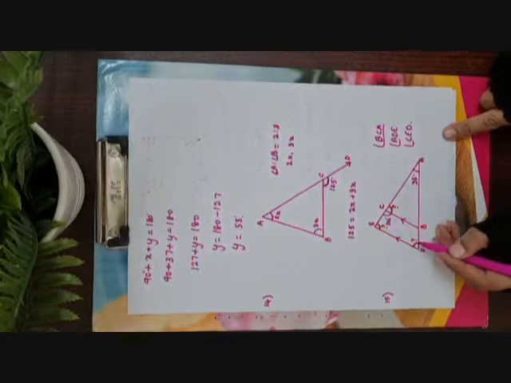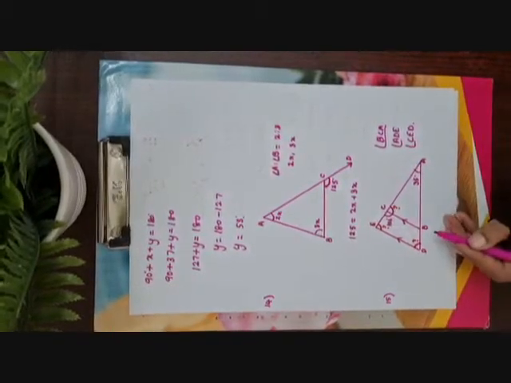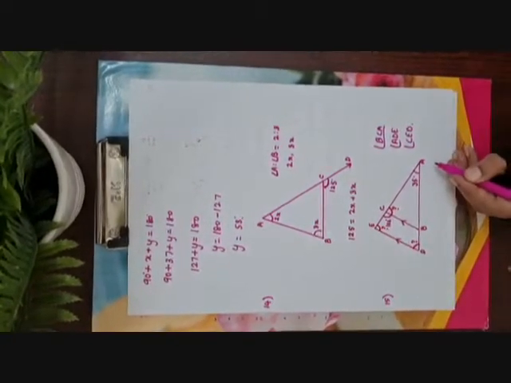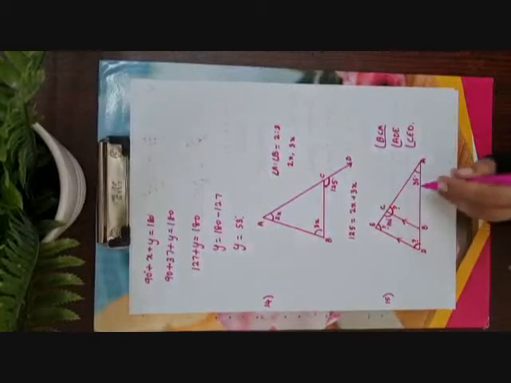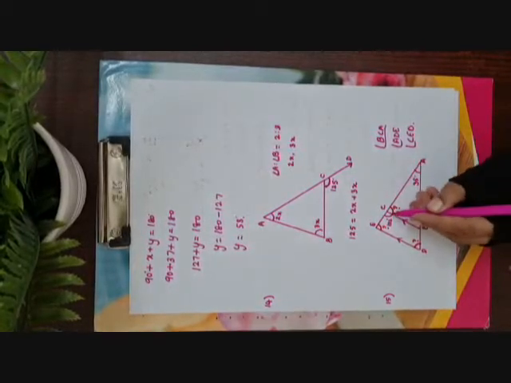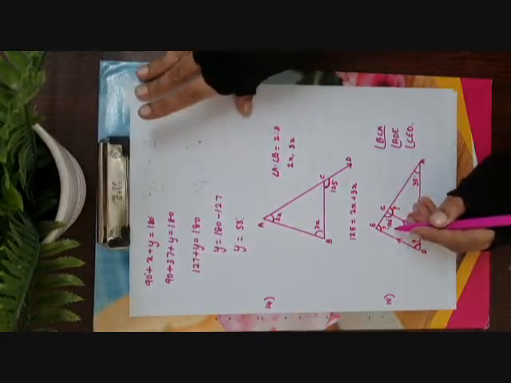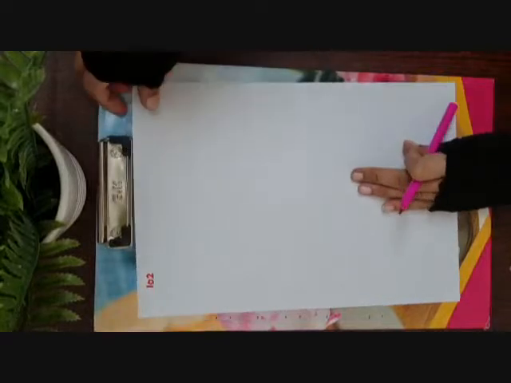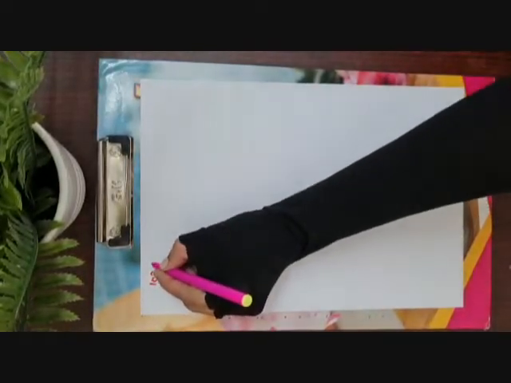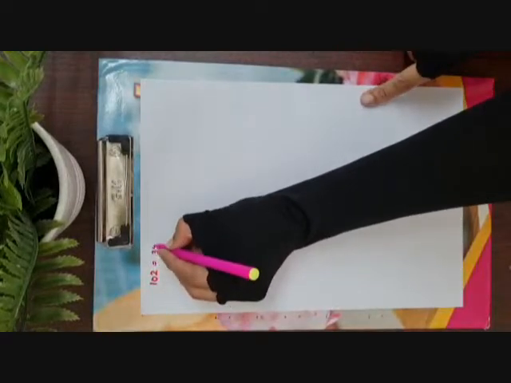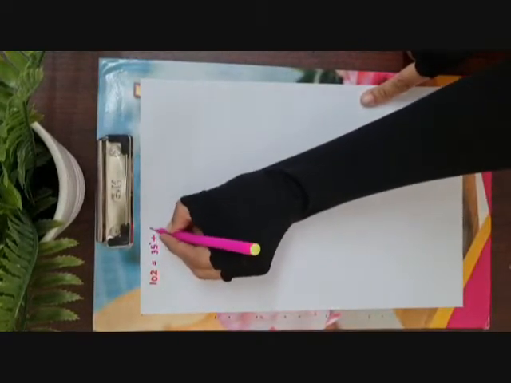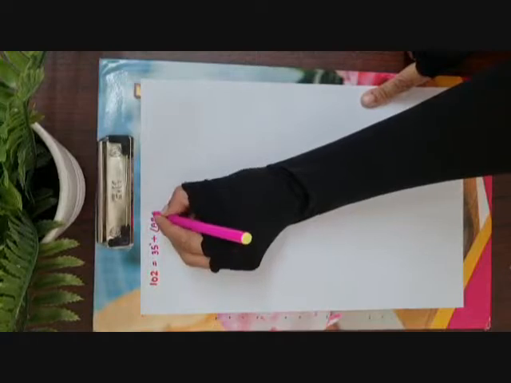So I have put a red question mark there. Let us consider triangle CBA. When we consider triangle CBA, we have the exterior angle as 102 degrees. Yes. So I can write it as 102 is equal to 35 degrees plus angle ABC.